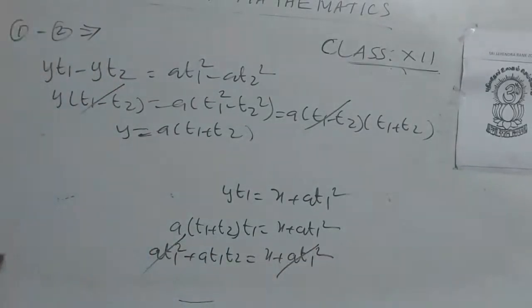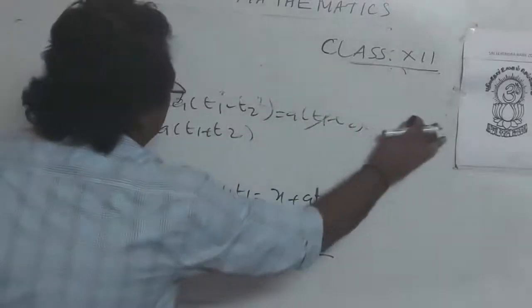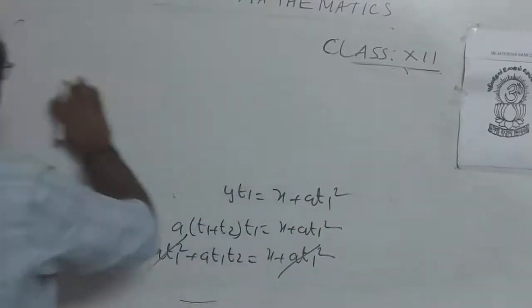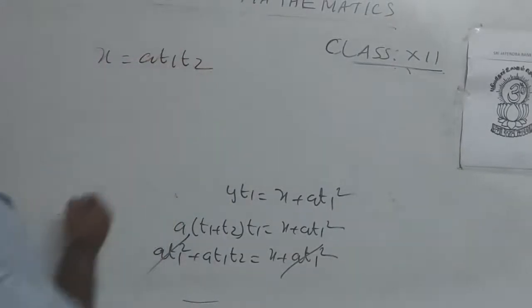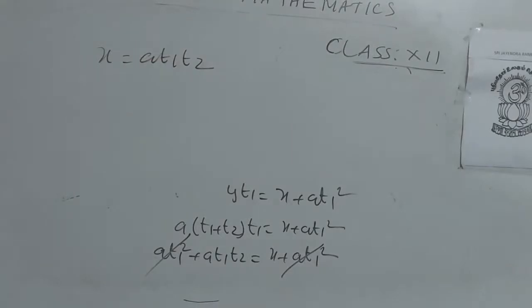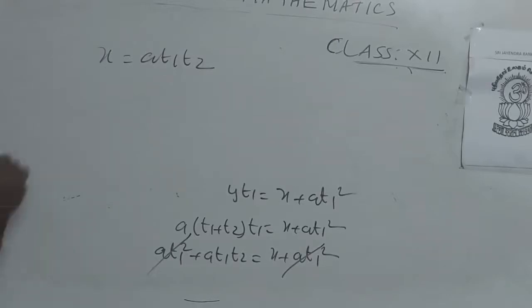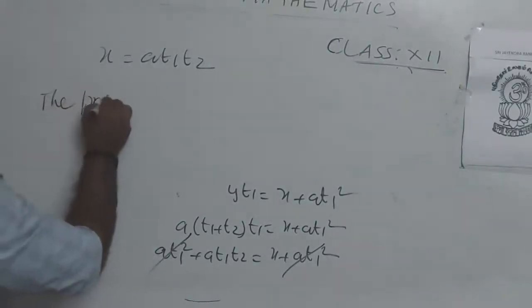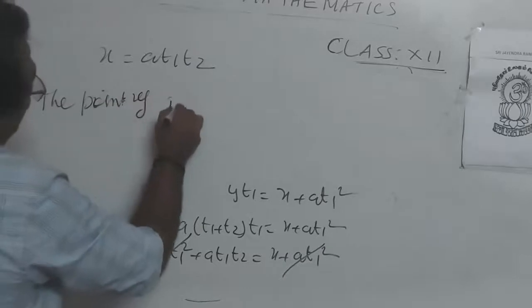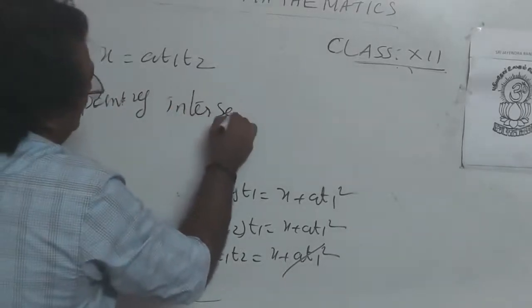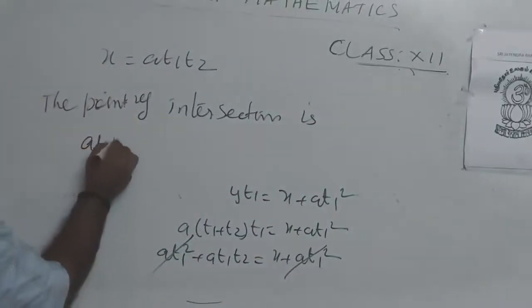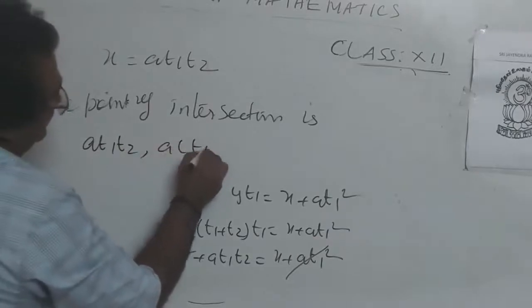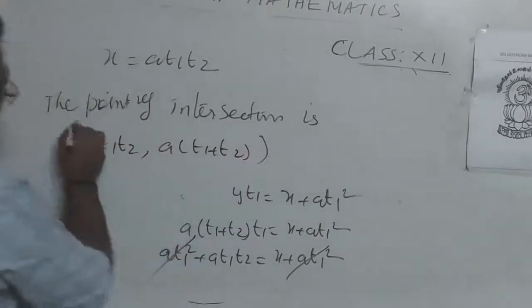This will be cancelled. x equal to a t1 t2. So the point of intersection is (a t1 t2, a into t1 plus t2).